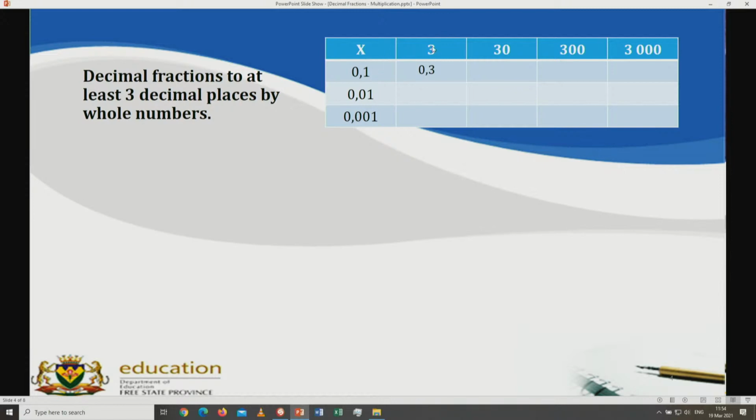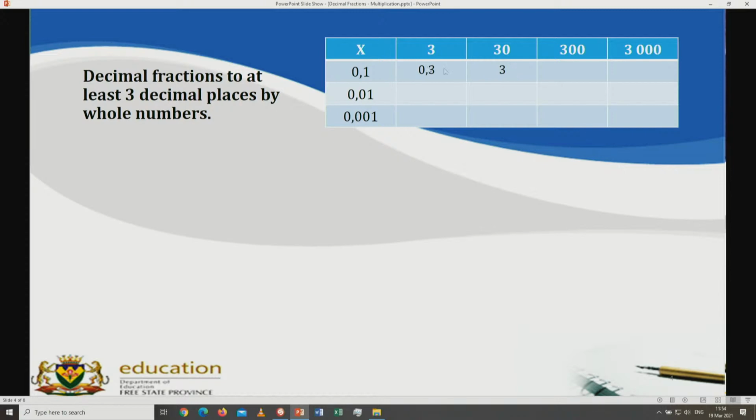0,1 multiplied by 3 gives us 0,3 quickly. This one is 3 divided by 10, it gives us 0,3, and then 30 divided by 10 gives us 3.